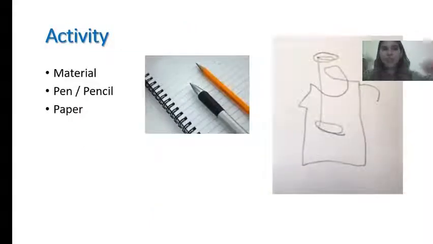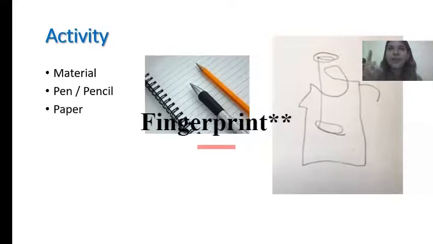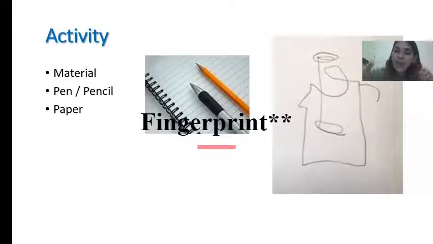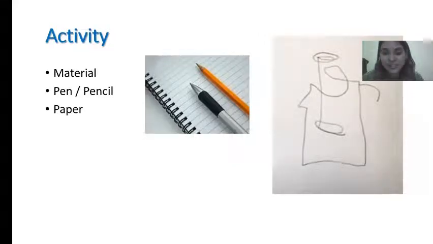For this activity, you will need paper and a pen or pencil, okay? And this is what we are going to do. I'm going to draw, or imagine that I'm drawing something. You will have to follow my footprint and draw what I am doing, and try to draw what I am doing. So, okay.